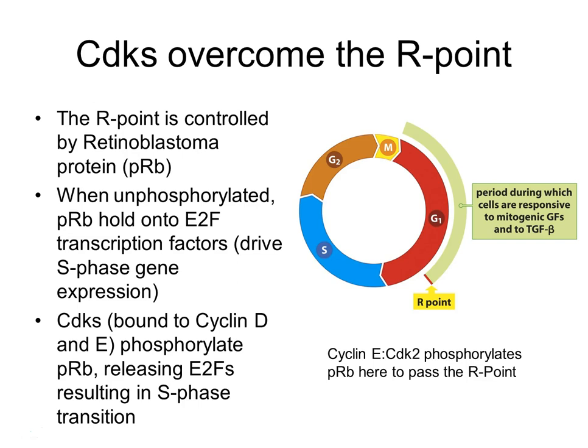It sequesters them. So whilst retinoblastoma is holding on to E2F transcription factors, those transcription factors can't switch on the S phase genes that are needed for S phase. If the Cdks phosphorylate retinoblastoma, the retinoblastoma will release E2Fs and they can go off to the nucleus and switch on the S phase genes. So this is a key step in S phase transition.